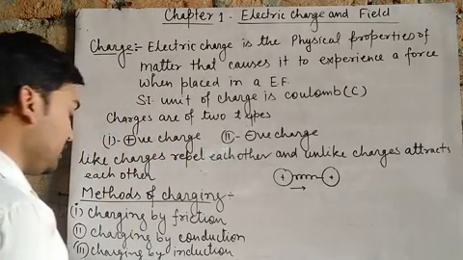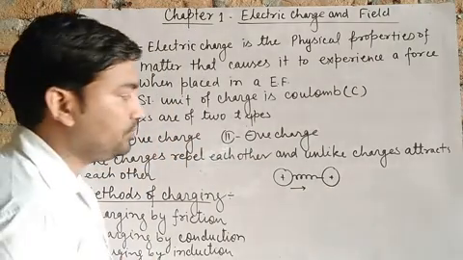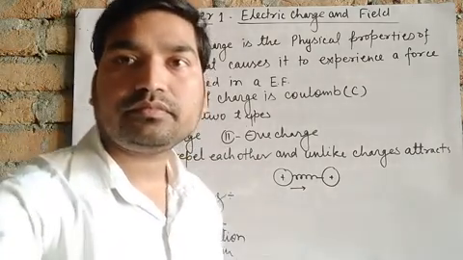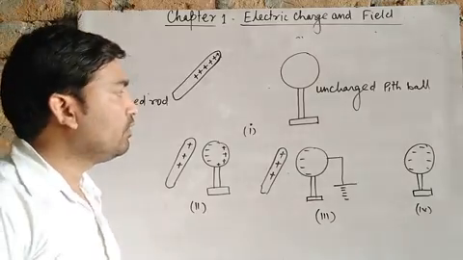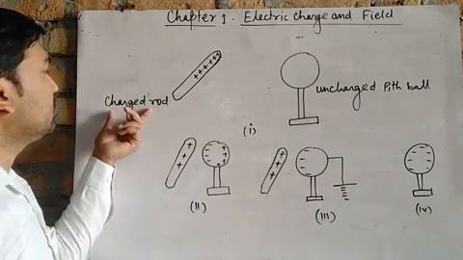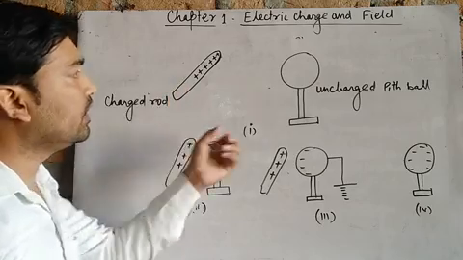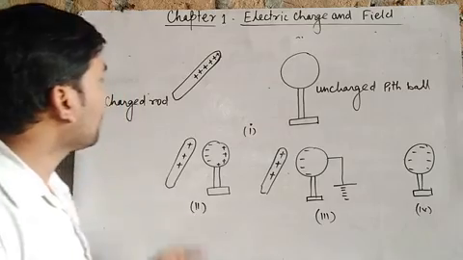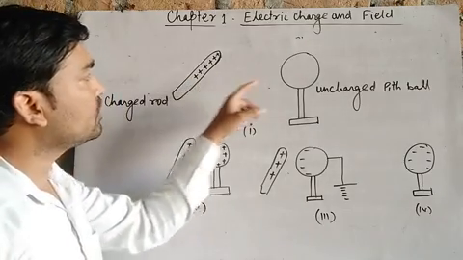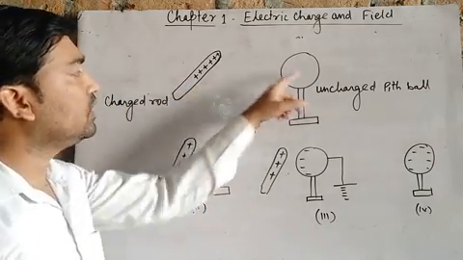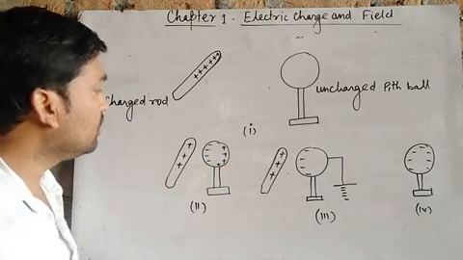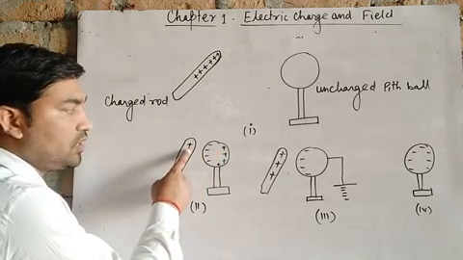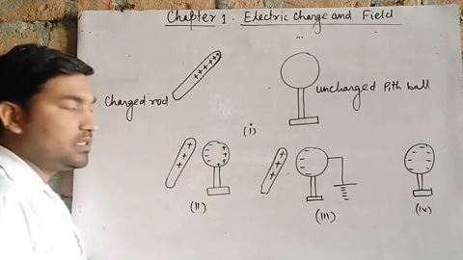The next method is charging by induction. Charging by induction is another popular method. When we bring a charged rod close to an uncharged pith ball, the negative charges are attracted by the charged rod and positive charges are repelled.